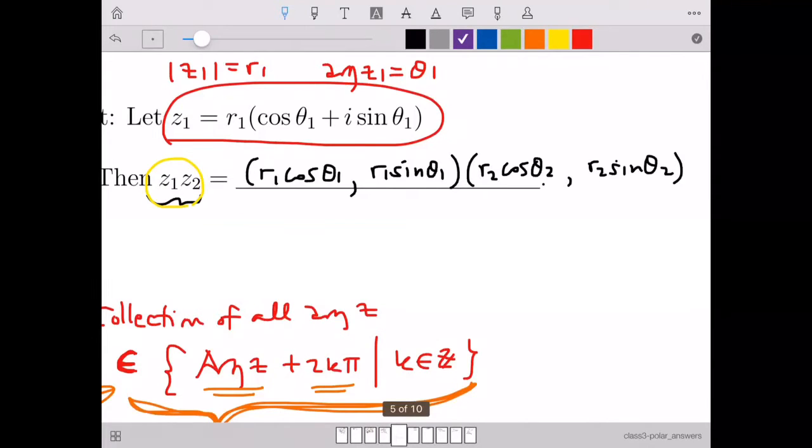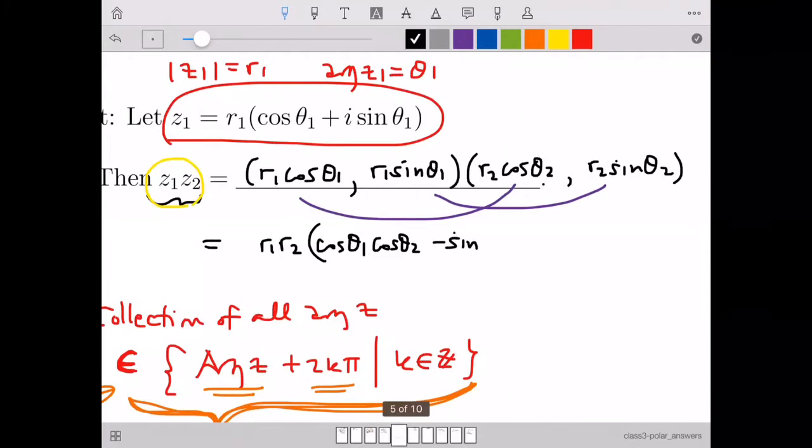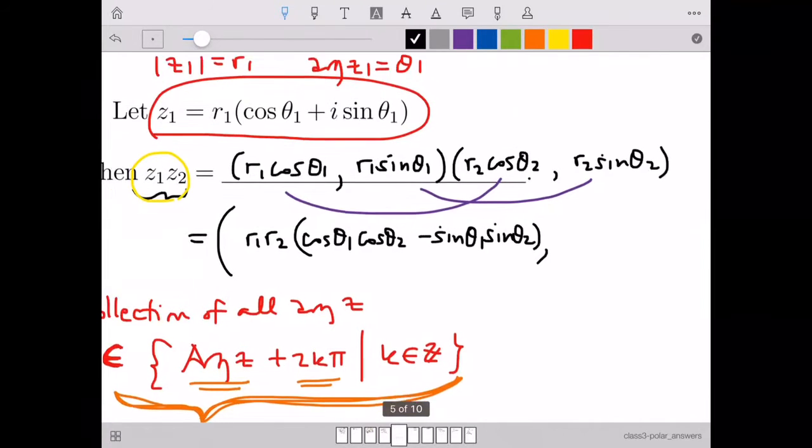So remember the multiplication, this times this minus this times this, right? That's the real part. Then we get R1 R2, right? We'll get cosine theta 1 cosine theta 2 minus, let me put that in one parenthesis, sine theta 1 sine theta 2. So that's the real part.